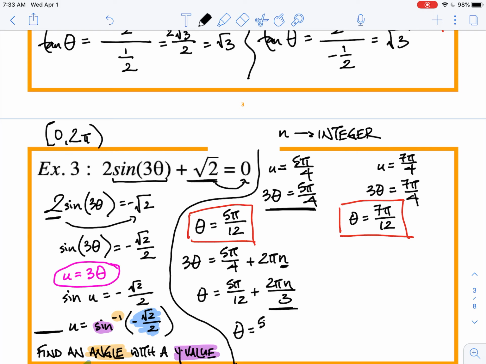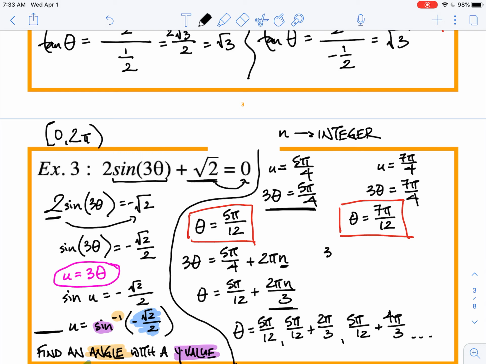So I could have theta equals 5 pi over 12. I could have 5 pi over 12 plus 2 pi over 3. I could have 5 pi over 12 plus 4 pi over 3. And I could keep going until I get to 2 pi.